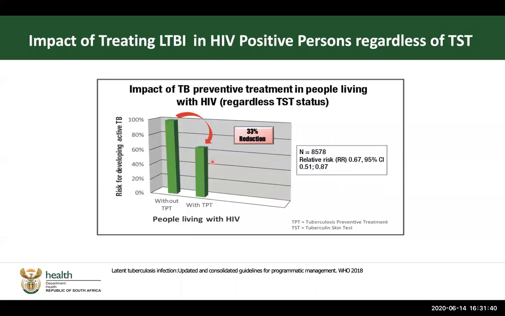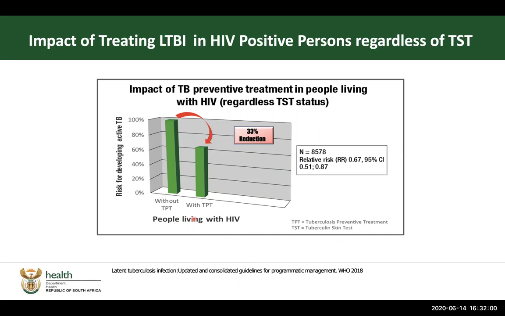So as a follow-up, studies started to look at, is there a benefit if we opt to identify a high-risk population, for example, people living with HIV and AIDS, and we do not look at the TST status.